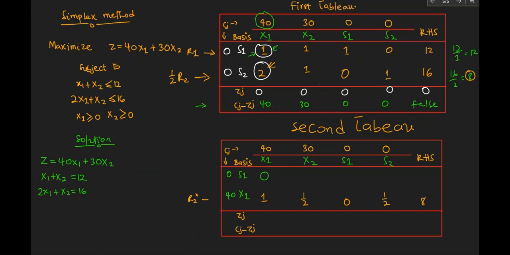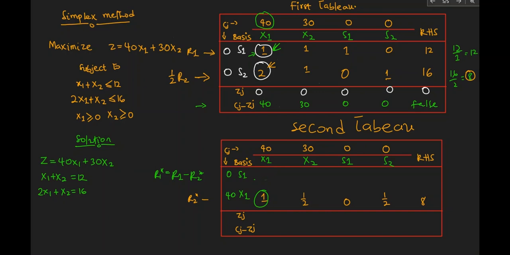You see you have 1 here, right? And if I subtract this 1 from this 1 here, you are going to get 0 here. So we should subtract the new row 2 from the old row 1 to get our new row 1. So we're going to have row 1 star equal to row 1 minus row 2 star. That's what you are going to do.